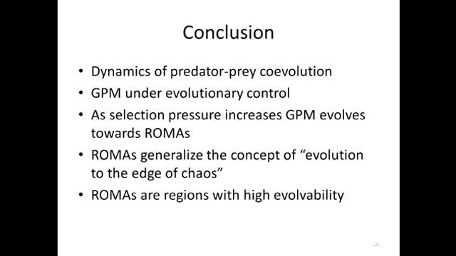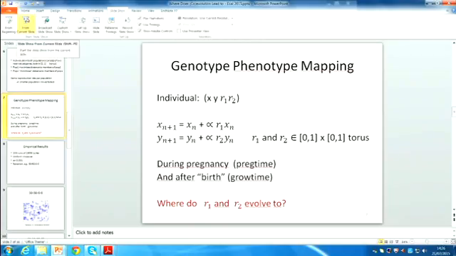Although there is no nonlinearity, there is no chaos, and you see again that they kind of go to the place where the maximum adaptivity is attainable. So, in other words, ROMAs are regions with high evolvability. That's in very short what I want to tell, and a bit more, but which I can't. Thank you very much. Okay.